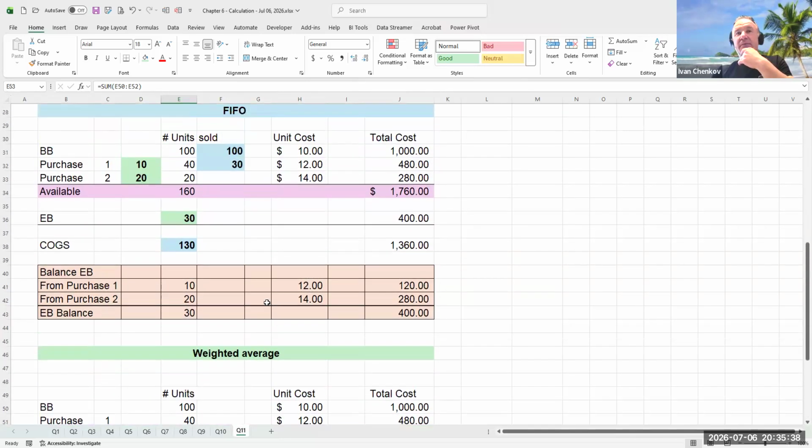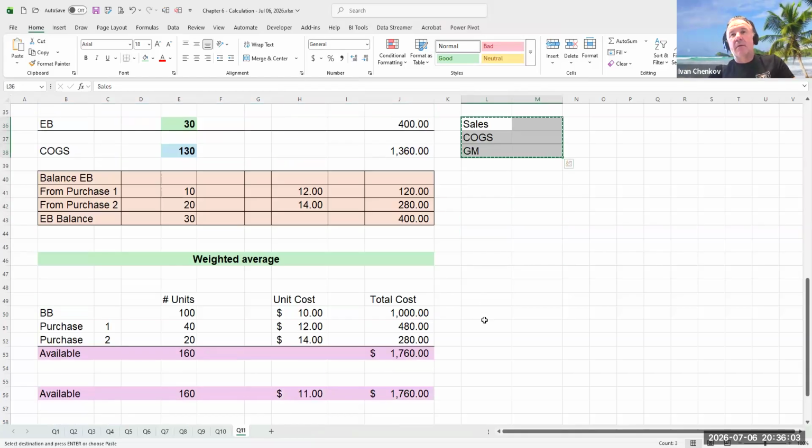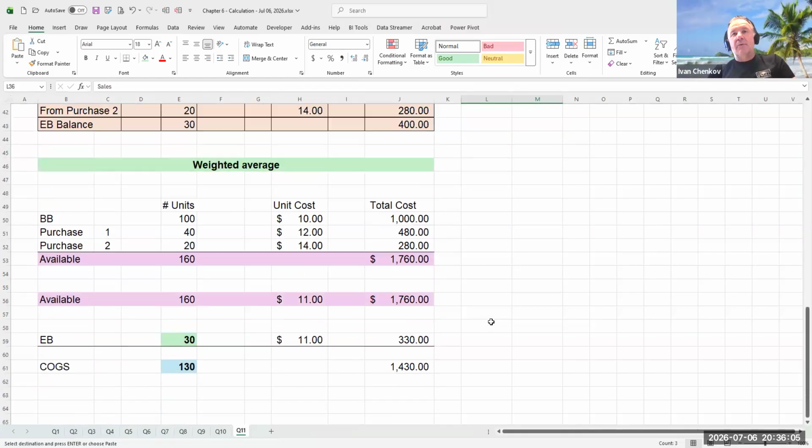Now, let's see what's the difference between one method and another method. What we're going to have in both methods, once we run all the calculation, is sales, cost of goods sold, and then gross margin, correct? This is our calculation. And here we're going to have exactly the same.